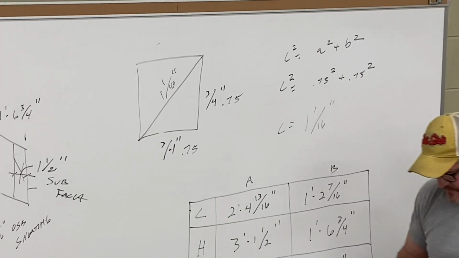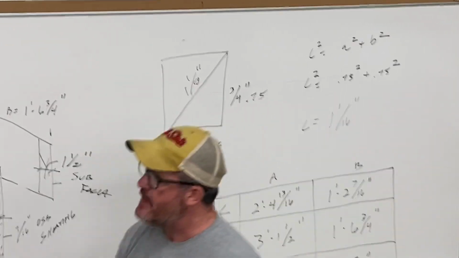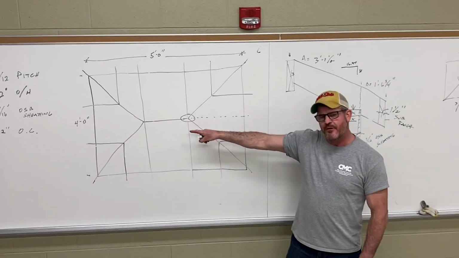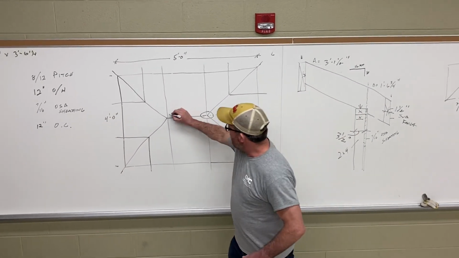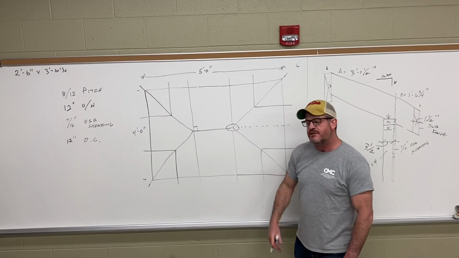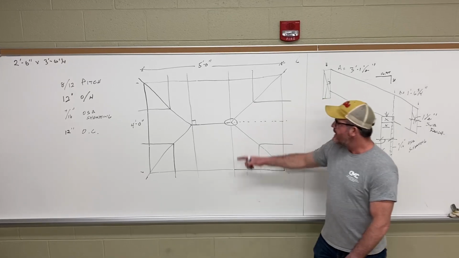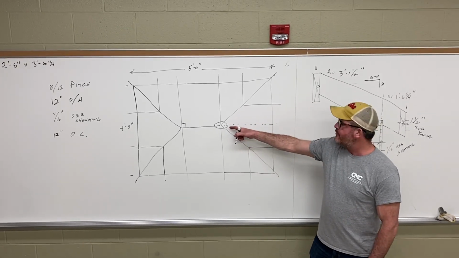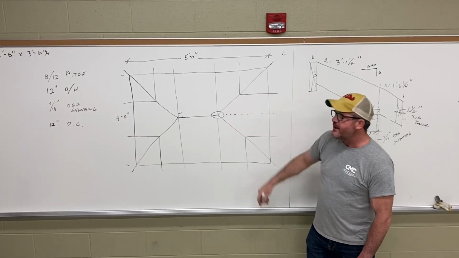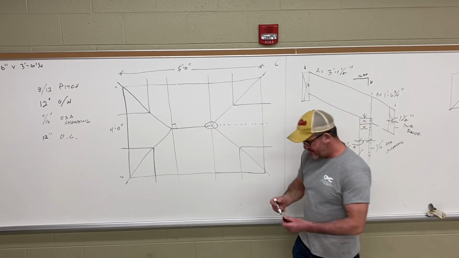Okay, so very similar to our math, the question I ask myself is, what does my rafter do at the top of my rafter? If my rafter comes into the top of my rafter at 90 degrees, I shorten it 3/4 of an inch. If it comes into the top of my rafter at 45, 90, I shorten it 1 1/16 inches. Okay?